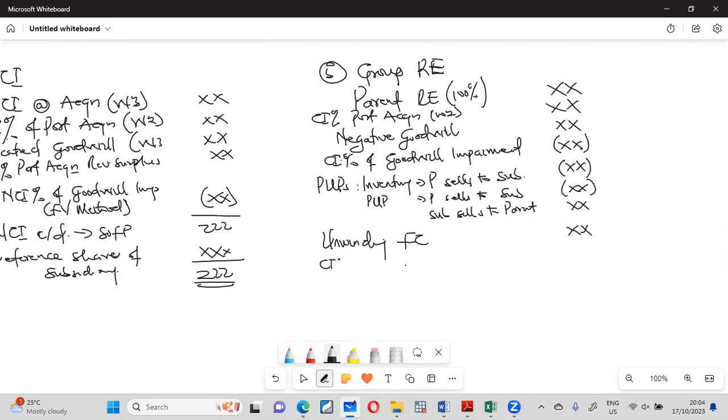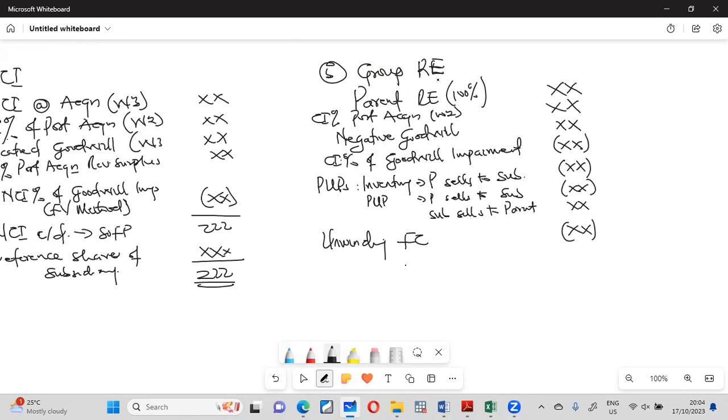So CI share of post-acquisition revaluation surplus. But the reason why I don't want to add it here is because revaluation surplus goes to OCI. It doesn't actually come to P&L. So let me just leave it like that, all right, so that we will treat it as OCI item in our financial statement.